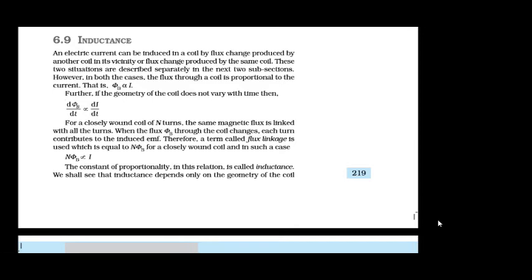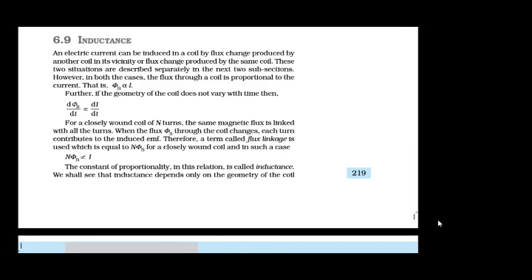An electric current can be induced in a coil by flux change produced by another coil in its vicinity, or flux change produced by the same coil.